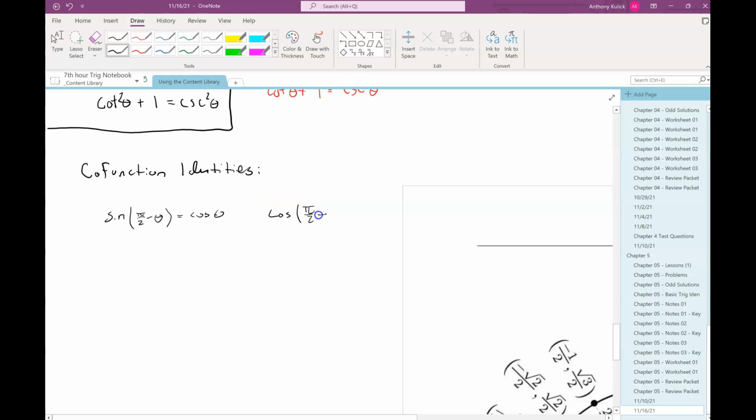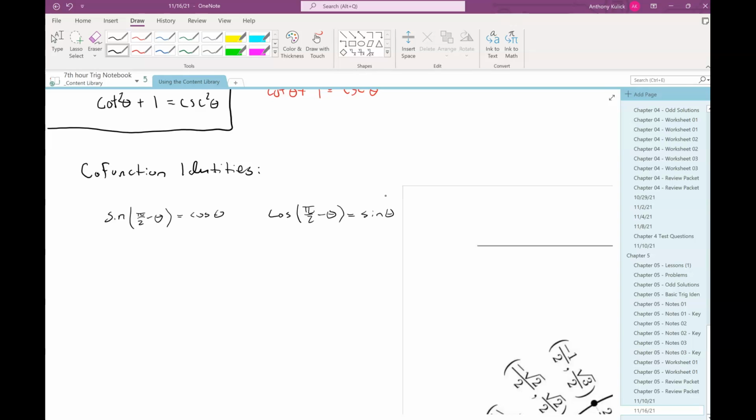So remember that pi over 2 is just 90 degrees in radian land, right? So pi over 2 minus theta and theta are complementary by definition, right? So I take sine of an angle and cosine of its complement, they're equal. That's all we're saying here.